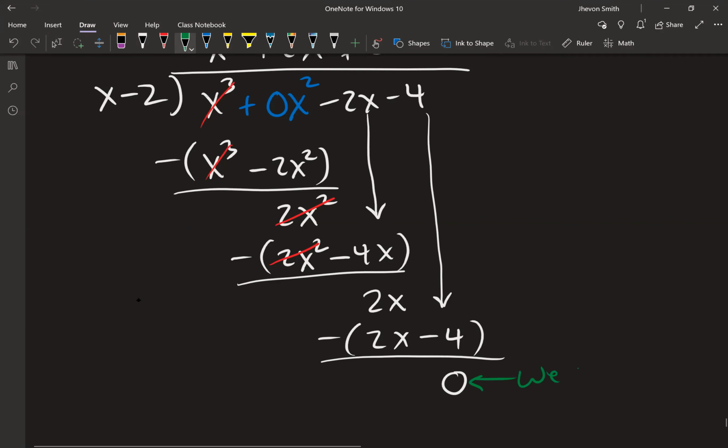we should get 0, since the x minus 2 is a factor.